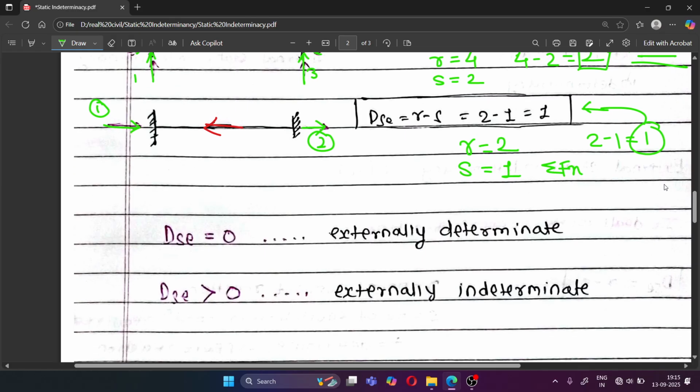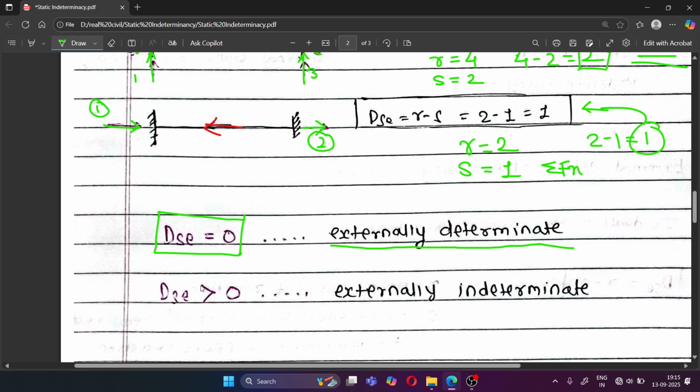Okay, so it is very simple. If DSE, that is external static indeterminacy, is equal to 0, then we call this externally determinate. Means all the reactions of the beam can be determined using conditions of equilibrium.